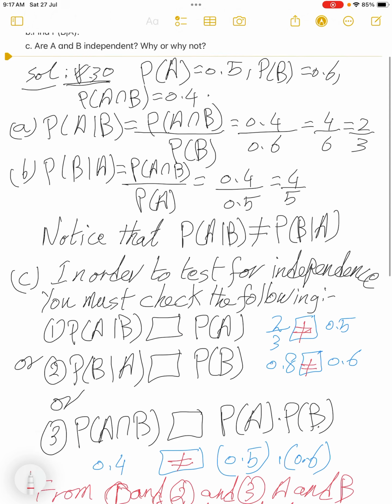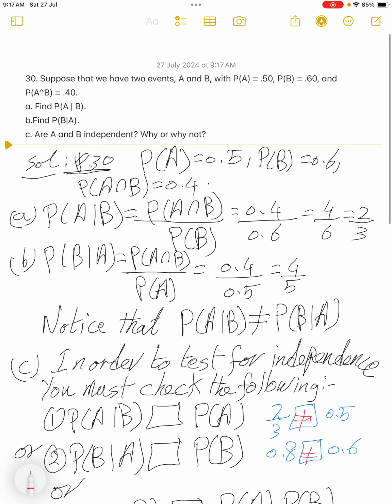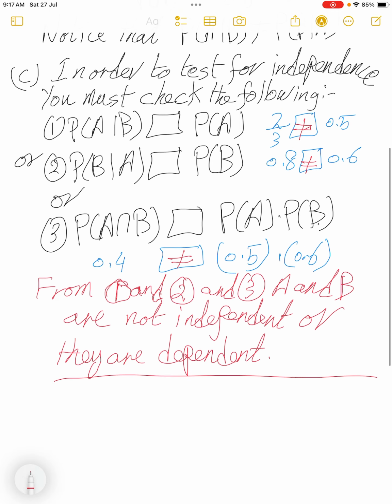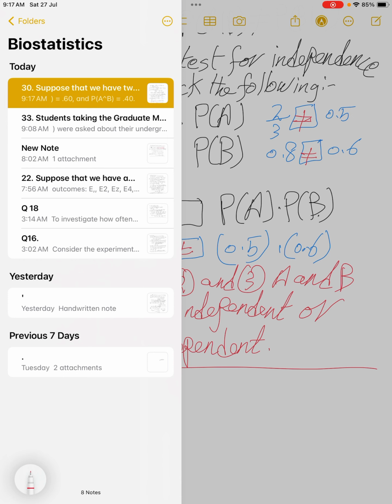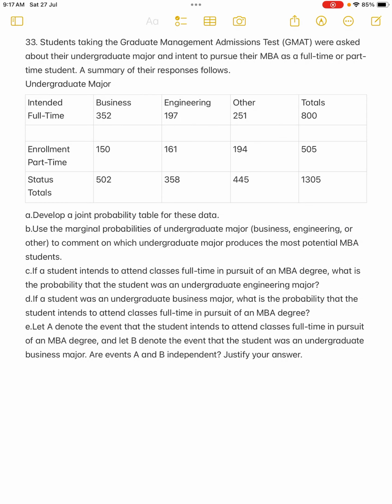We finish question number 30. We will move now to question number 33.